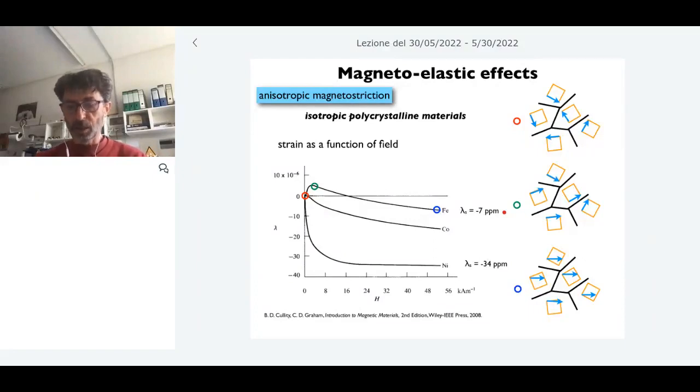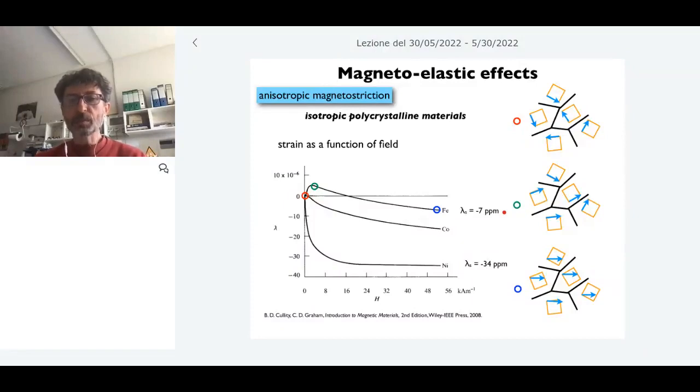Nickel, on the contrary, has both the 100 and the 111 coefficient negative. Therefore, the combination of the two goes in the same direction, and we have that the saturation magnetostriction of polycrystalline nickel is negative. Cobalt is something in between, and you see they were shown there.